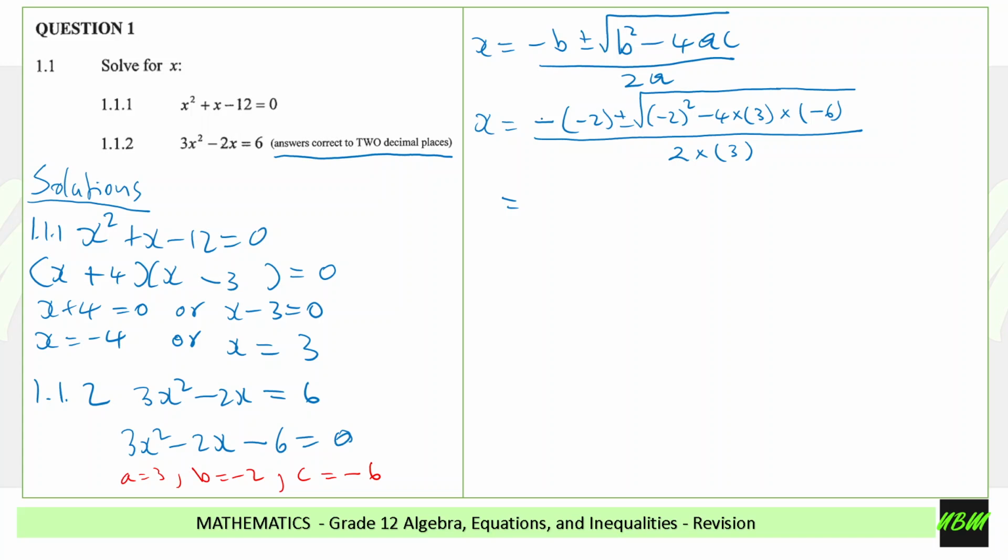Equal to negative times negative 2, positive 2, plus or minus. Then inside, to compute the square root of negative 2 squared minus 4 times 3 times negative 6, make use of the calculator, and you should get 2 the square root of 19, all divided by 2 times 3 is 6.